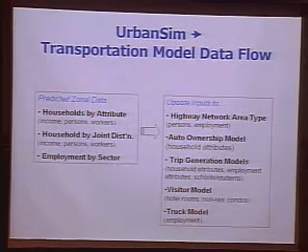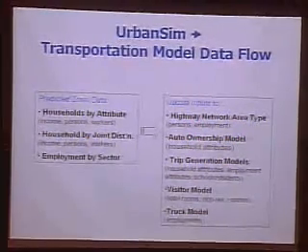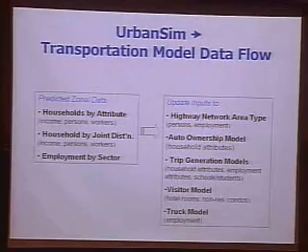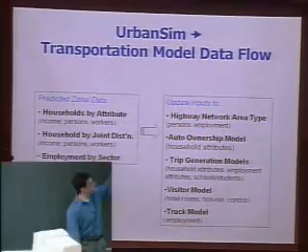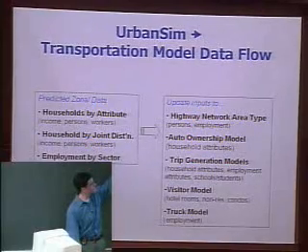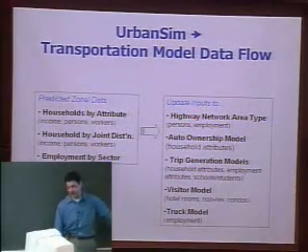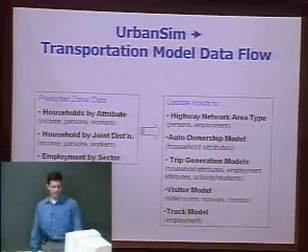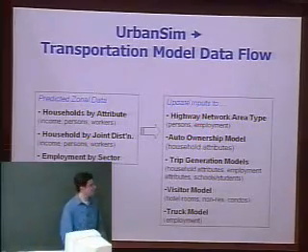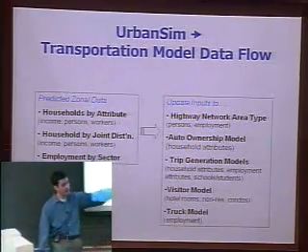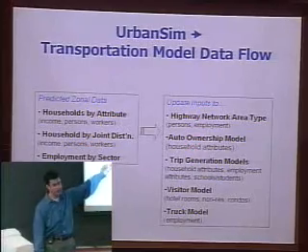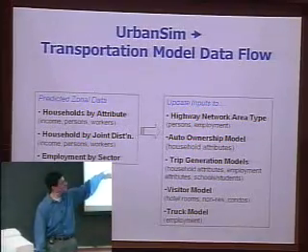The information passing from UrbanSim to the transportation model is predicted data, which we take from the grid cells and sum up by zones: households by attributes and joint distribution, and employment by sector. That information updates all these different components in the travel model. There are highway network area type designations, which are a function of population and employment density.